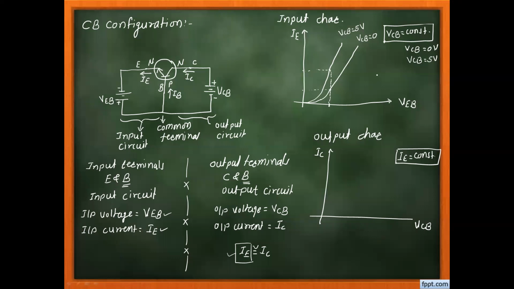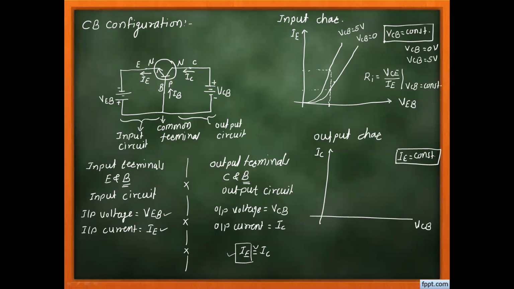So this input resistance of a common base configuration can be calculated by, or we can say it's an input resistance Ri, which is equal to input circuit voltage VEB divided by input circuit current IE. But for that, what we have to make constant? VCB is equal to constant.